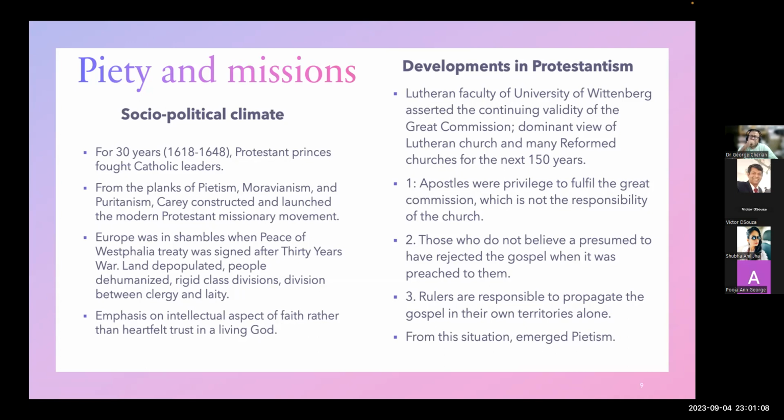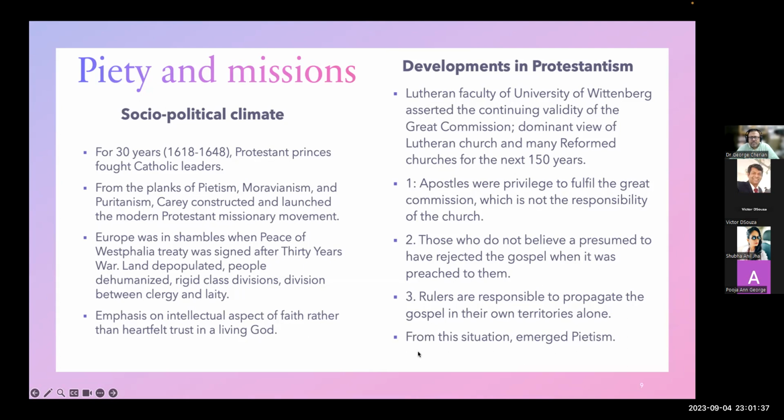The apostles had the privilege to fulfill the Great Commission, and it was not the responsibility of the church. Those who are not believing now are presumed to have already rejected the gospel when it was preached to them. The rulers are responsible to propagate the gospel, but only in their territories alone. So that also rules out missions once more.